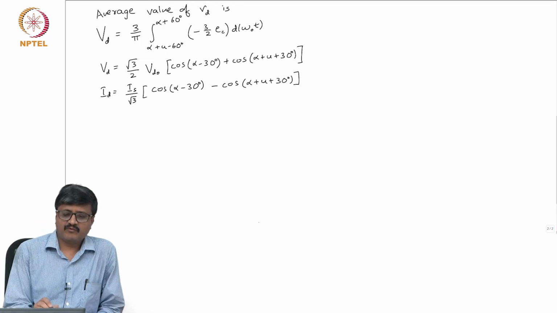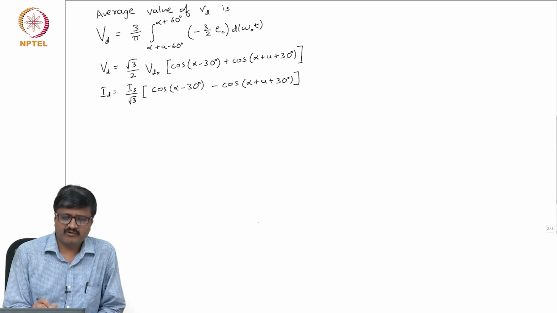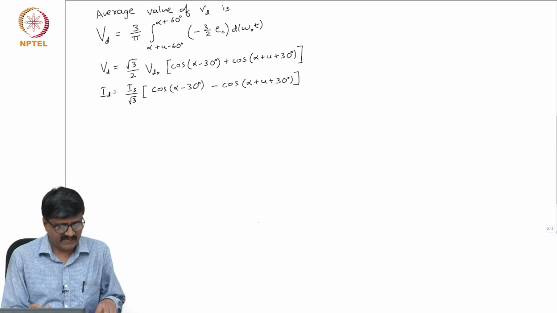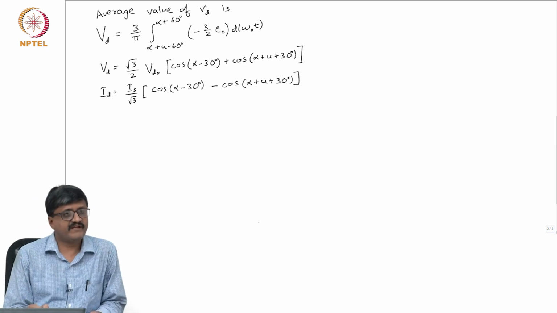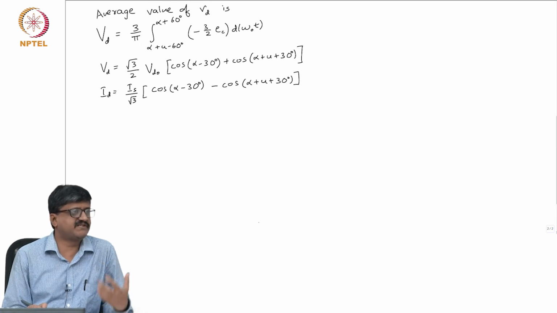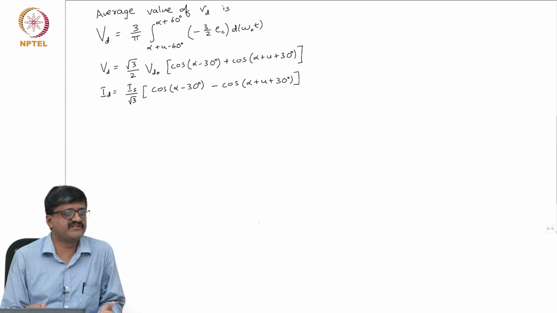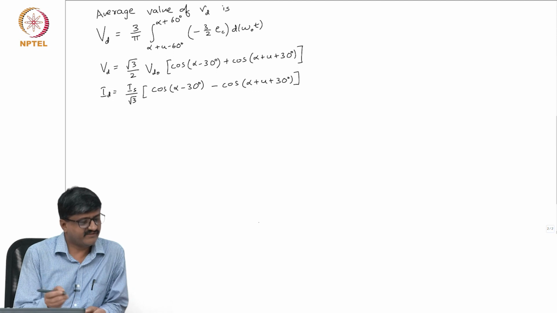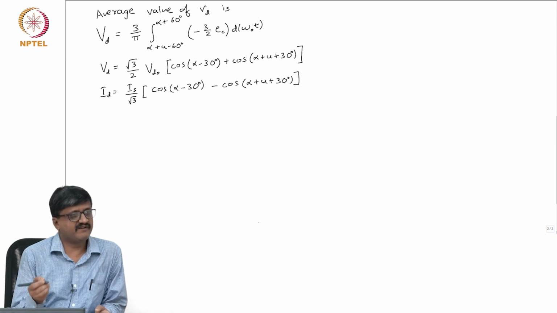So what we do is we try to again get these expressions for Vd and Id in terms of gamma instead of alpha. We have defined an angle gamma. I also said why we defined that gamma. See, gamma is actually called extinction angle, and it happens to be the commutation margin angle for normal inverter operation. So if I want to write this in terms of gamma, what is gamma? Gamma is nothing but 180 minus alpha minus u.